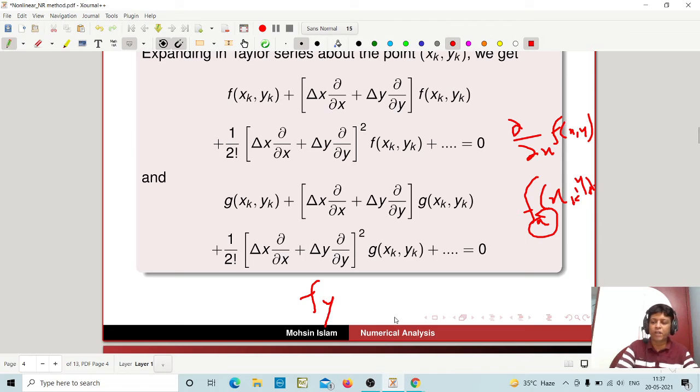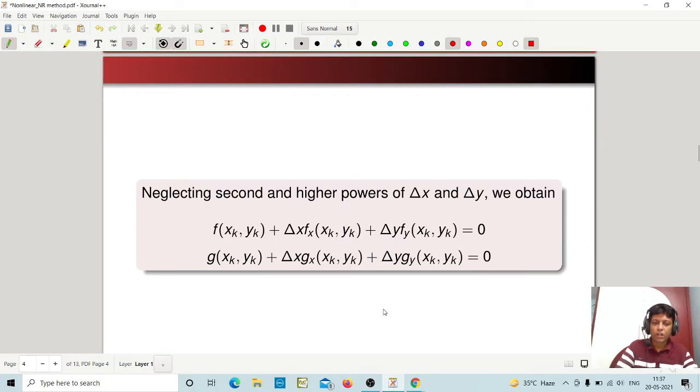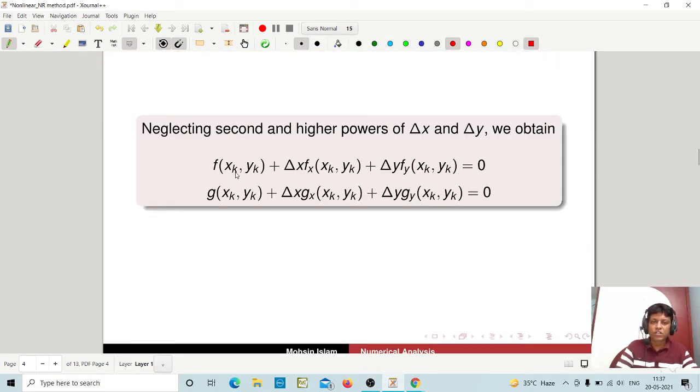So if you neglect the second and higher order powers, this is equation 2: f(xk, yk) + delta x fx(xk, yk) + delta y fy(xk, yk) = 0.